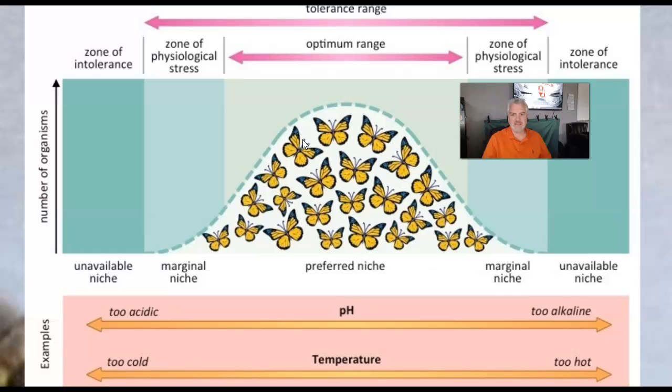So different organisms have this tolerance range that you need to be familiar with, and you can hopefully see how they kind of go hand in hand with these limiting factors. Another example we talked about with zones of tolerance today was salinity in the water.